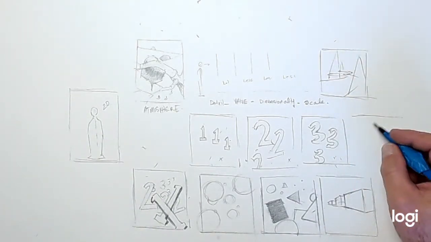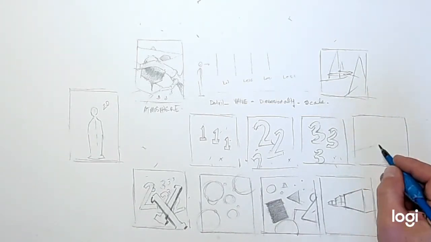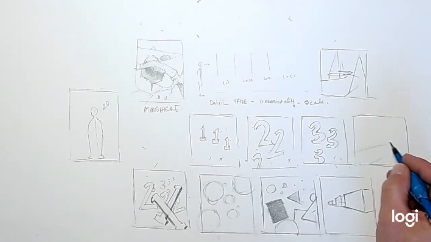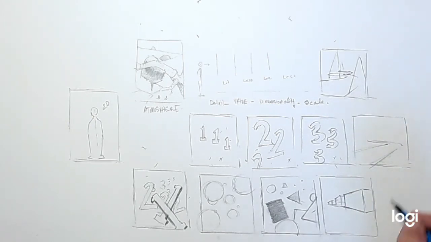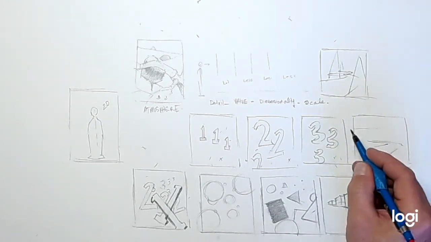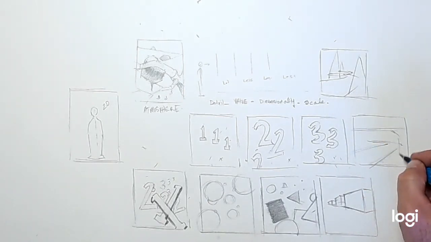Something more urban. You might have a road passing through this way. And in the foreground, there could be an insinuation of a bridge, like you could have a bridge shape.